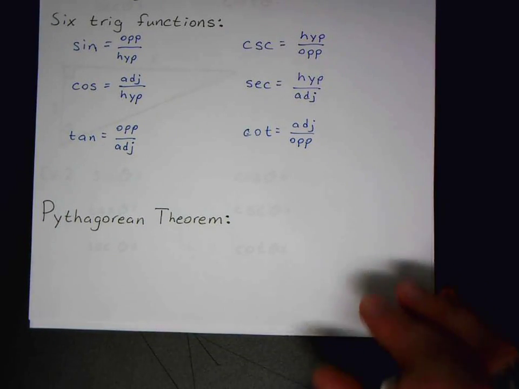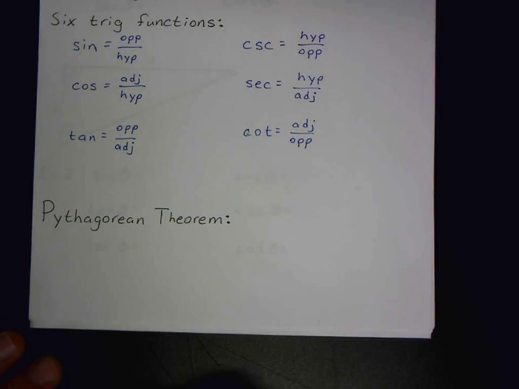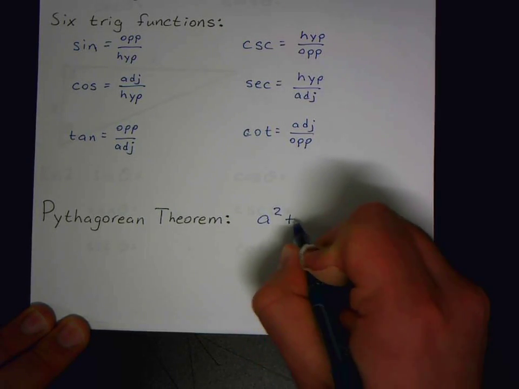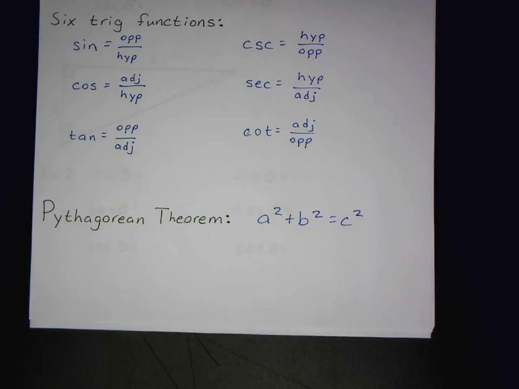Okay, next thing that we're going to be using a lot this semester, which hopefully you don't have to memorize, is the Pythagorean theorem. Just wanted to review it real quick. We're going to use it in the next couple problems. A squared plus b squared equals c squared.